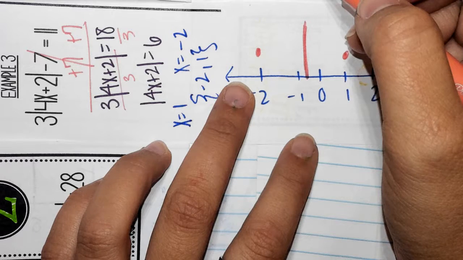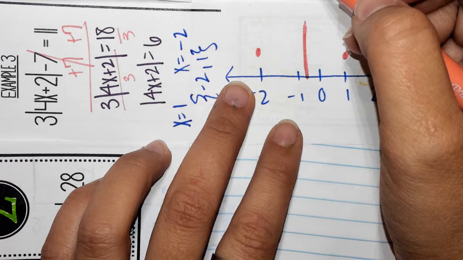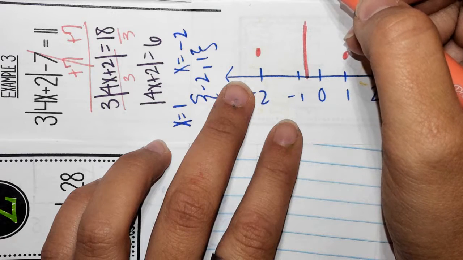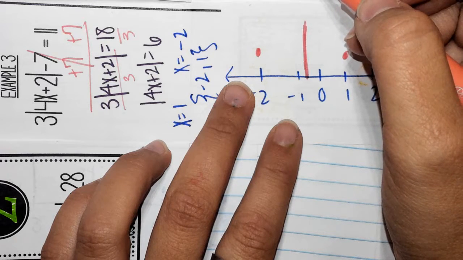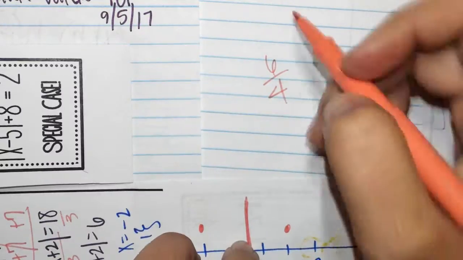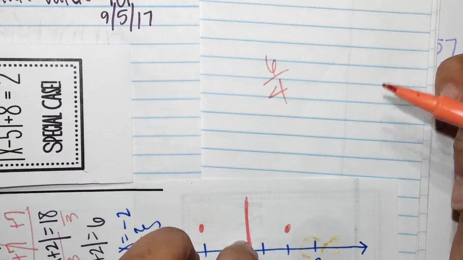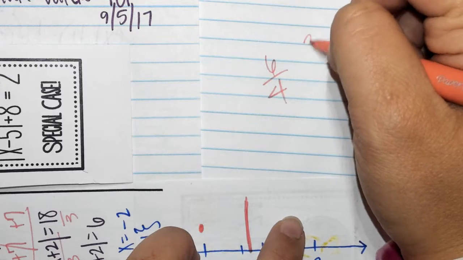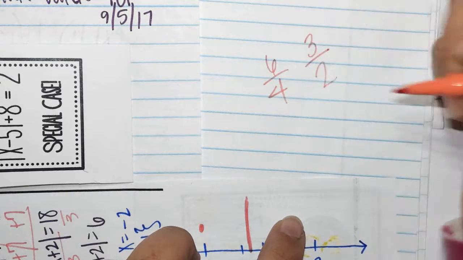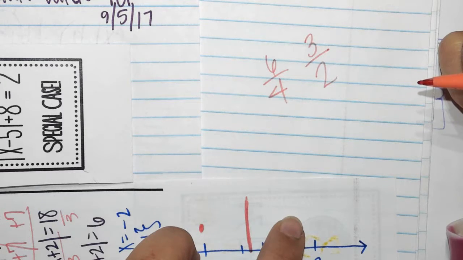Sweet potatoes, children. 6 divided by 4 is... Don't you dare touch your calculator. 6 divided by 4. What number goes into both of those? I'm sorry, 6 divided by 2 is 3. 4 divided by 2 is... So it's 3 halves. 1 and 1/2.